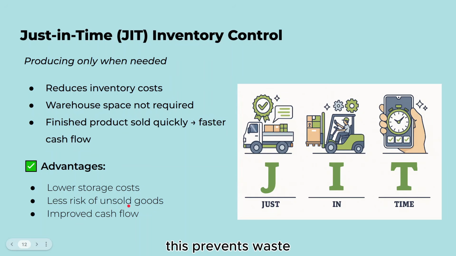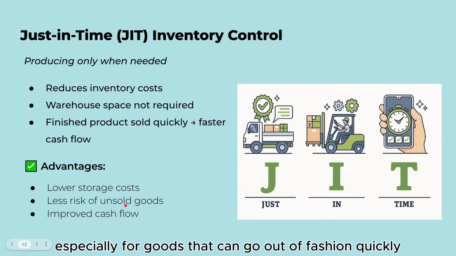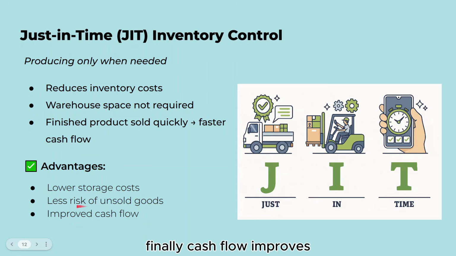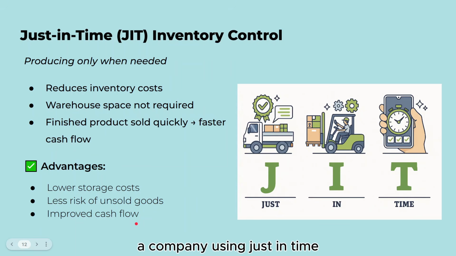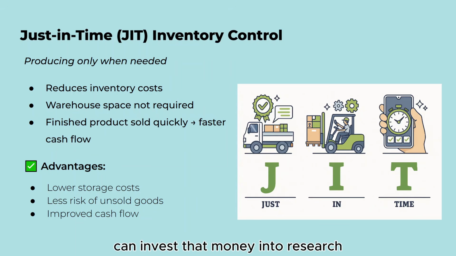This prevents waste, especially for goods that can go out of fashion quickly. Finally, cash flow improves because money is not tied up in large amounts of stock. A company using just-in-time can invest that money into research, marketing, or new technology instead of letting it sit in a warehouse.